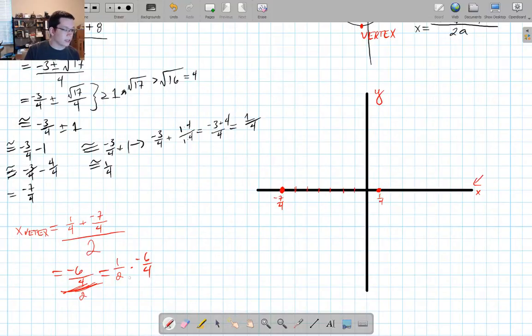Now we've got two things we can look at here. We can either combine the fractions and then simplify, or simplify this one and then combine them. What I'm going to do is say 2 and 6 share a factor, namely 2, so that becomes a 1 and this becomes a 3, and we end up with negative 3 over 4.